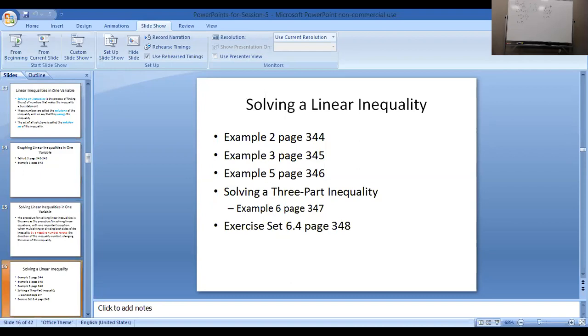I multiply both sides by 3. You see that? This is on page 345 of your textbook, example 3, number A. So I multiply both sides by 3, and I get rid of that 1/3. I will have x is less than 15. Right? 5 times 3 is 15.